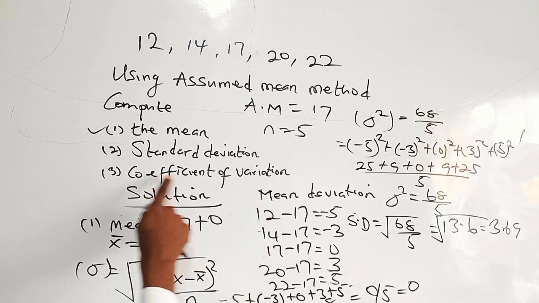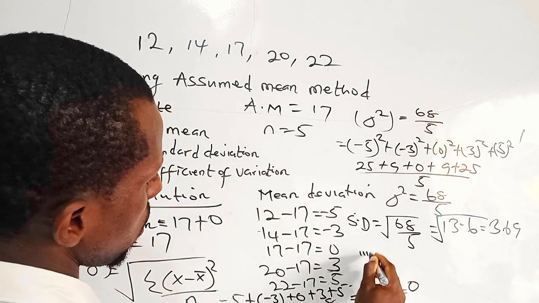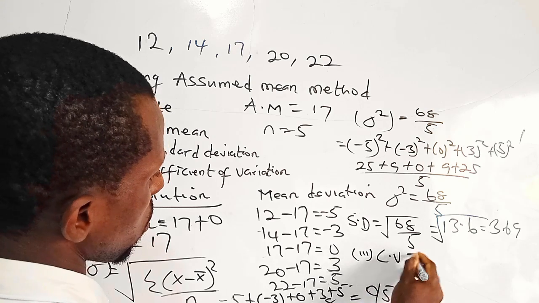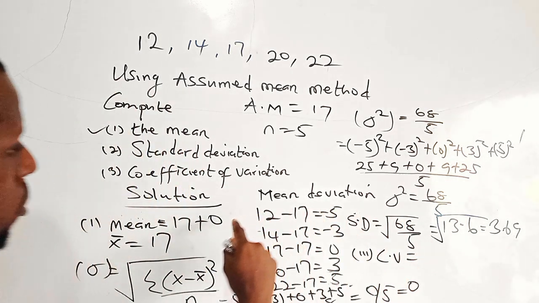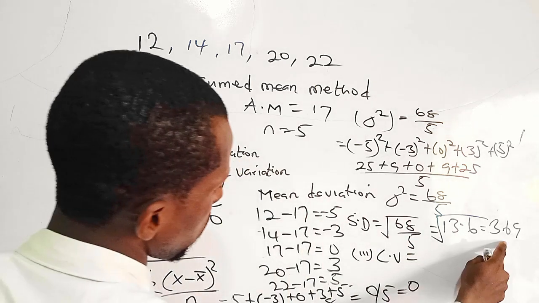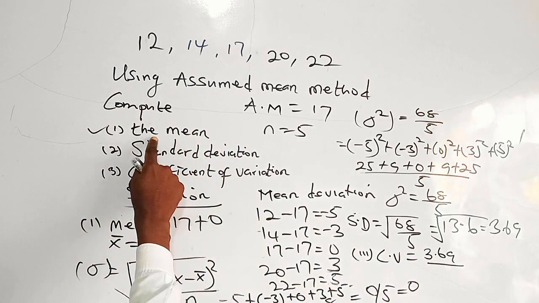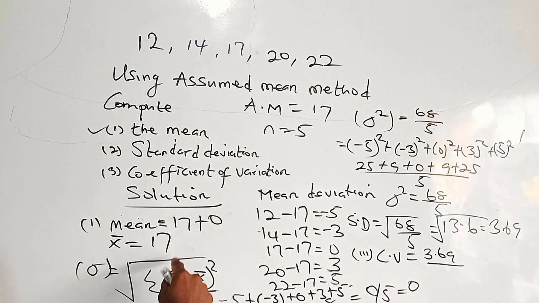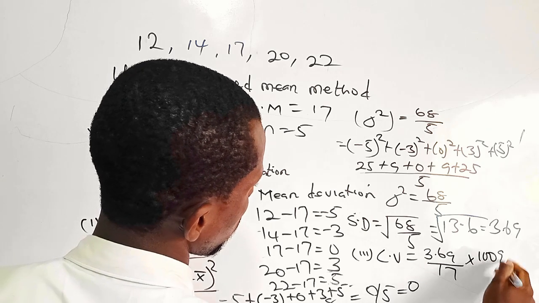For the coefficient of variation, let me represent that as number 3. The CV, coefficient of variation, is the ratio of our standard deviation to the mean. So our standard deviation is 3.69 divided by the mean, which is 17, times 100%.